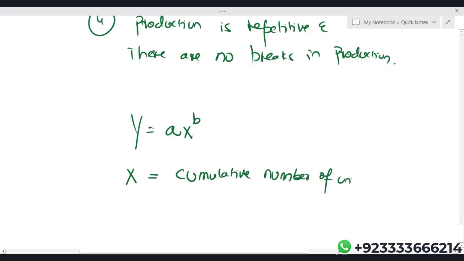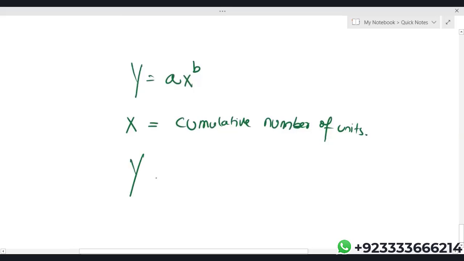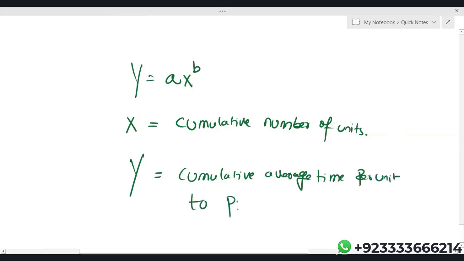What is y? Y is the cumulative average time per unit to produce x units.